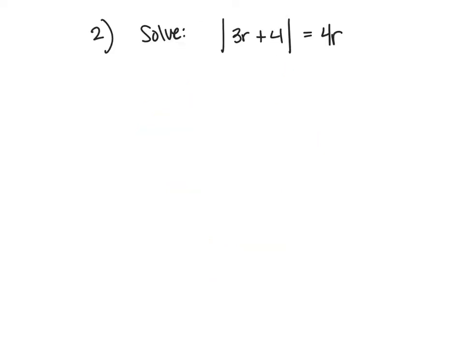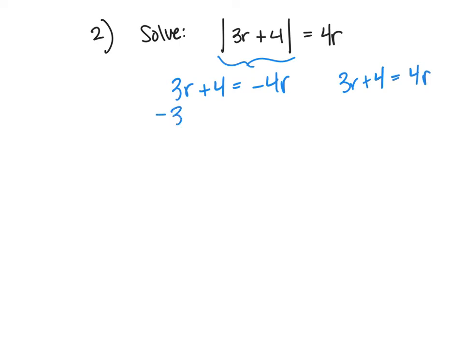For the next problem, there are absolute value bars, meaning there's going to be 2 answers. So we're going to need 2 equations. So 3r plus 4 is equal to a negative 4r, and then 3r plus 4 is equal to a positive 4r.